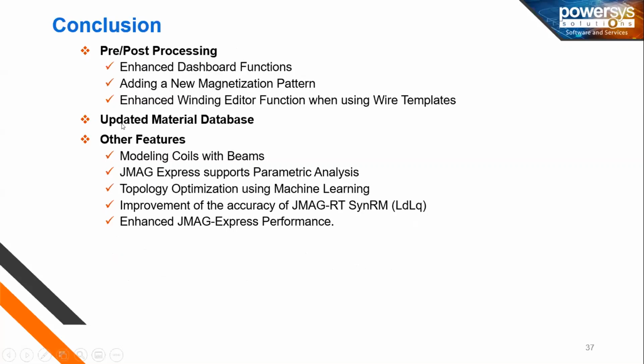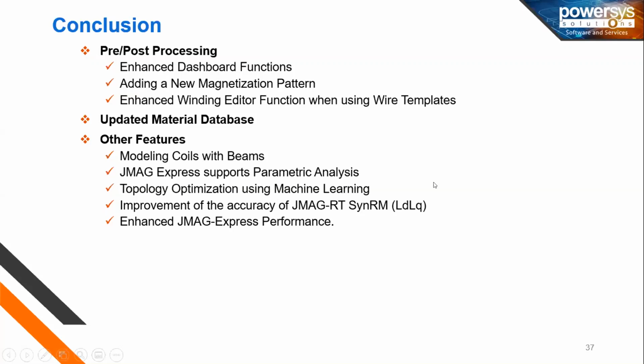We also saw the updated material database regarding the Hitachi material by the manufacturers. And the other supported features are that we can model the coils with the help of beams in order to accommodate the leakage flux, especially for 3D modeling of the end winding creations. JMAG Express is supporting the parametric analysis, and we can also go for topology optimization using the machine learning concept.